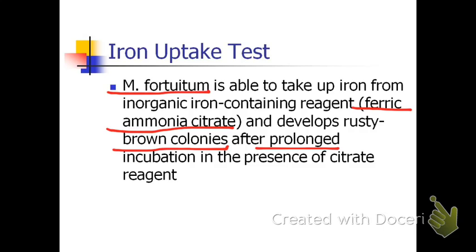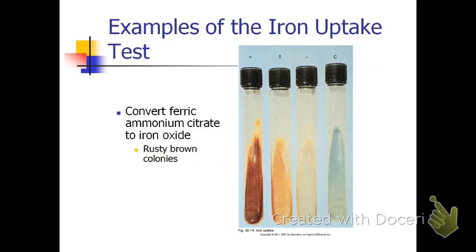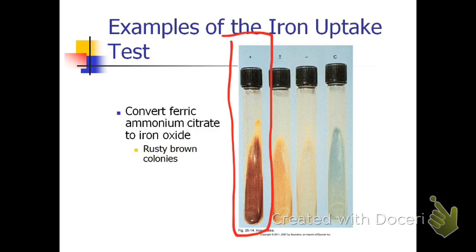But you have to have a citrate reagent added in the solution for you to see the rusty brown colonies. So this is considered as the positive result in the iron uptake test. The presence of rusty brown colonies means that the ferric ammonium citrate has already been converted to iron oxide. A negative result would be like this, and this is the control.